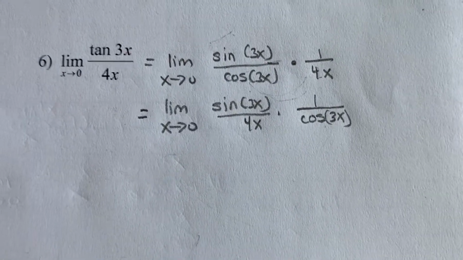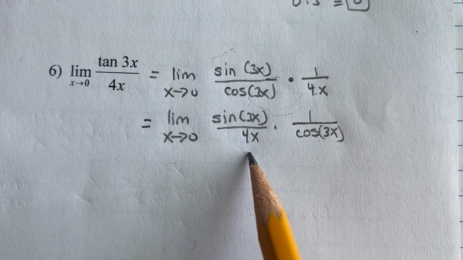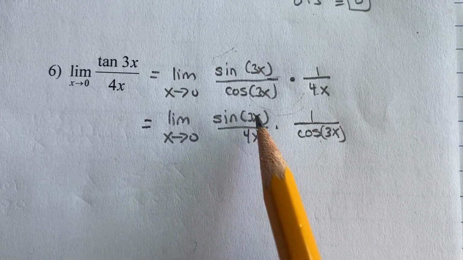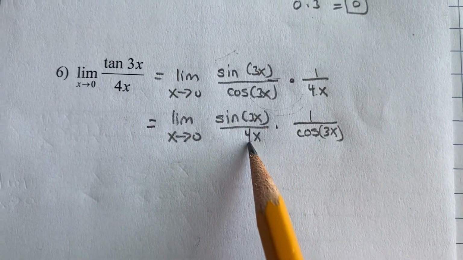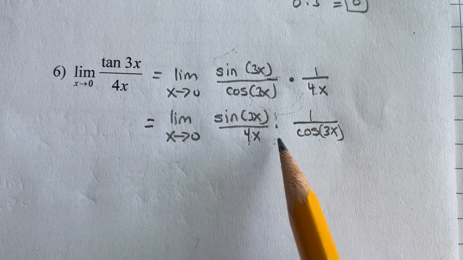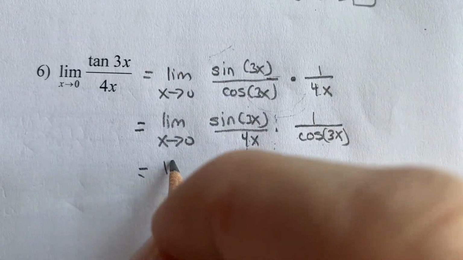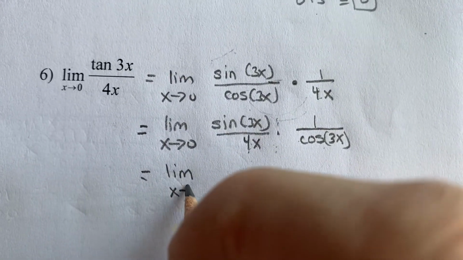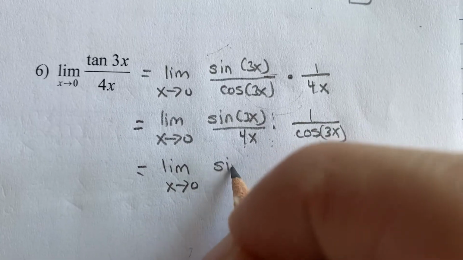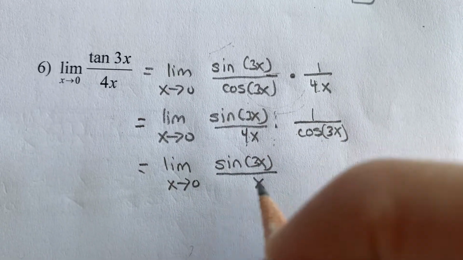Okay, now just like the previous examples, I need to make this look like sine of 3x over 3x. And the way to make it look like 3x over 3x is multiply top and bottom by 3 over 3. Actually, I'm going to move my 4.